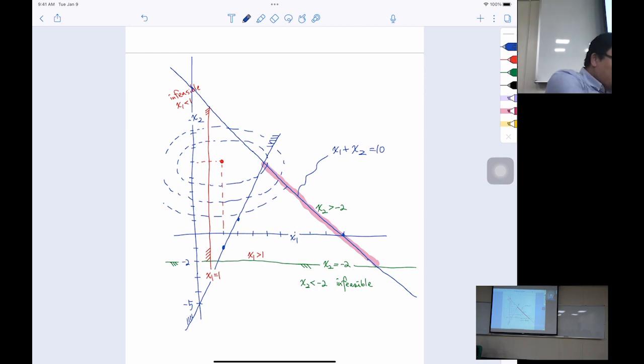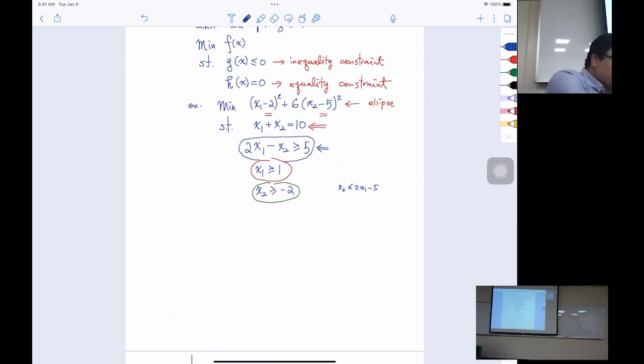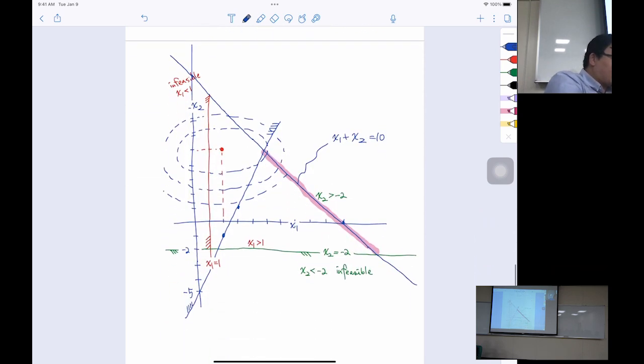If I give numbers, if I say this is constraint 1, constraint 2, constraint 3, and constraint 4, and if I label them inside this drawing, this will be my constraint 1, this is my constraint 2, and this is my constraint 3, this is my constraint 4.